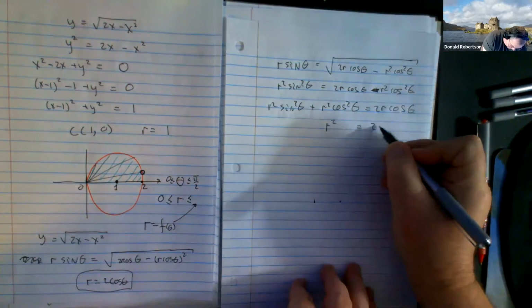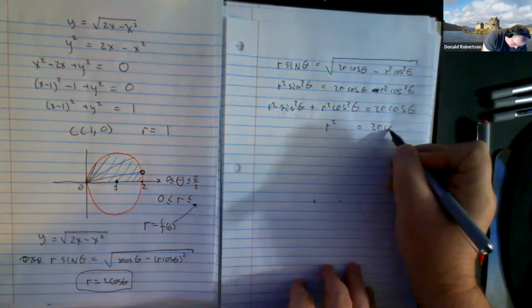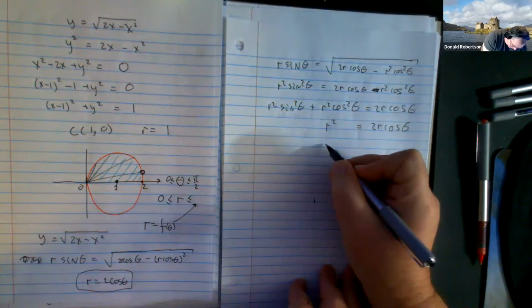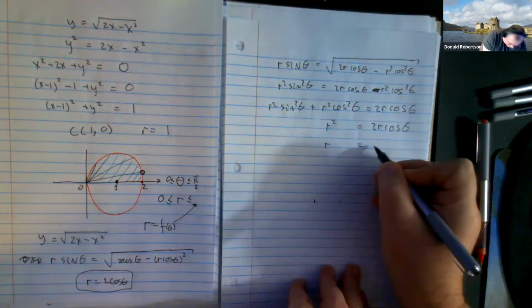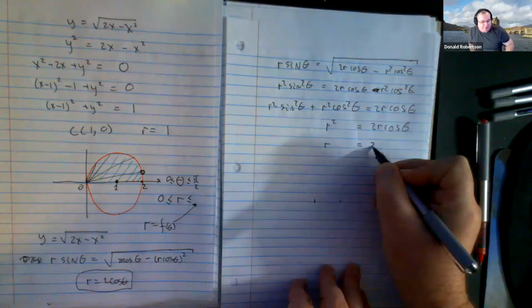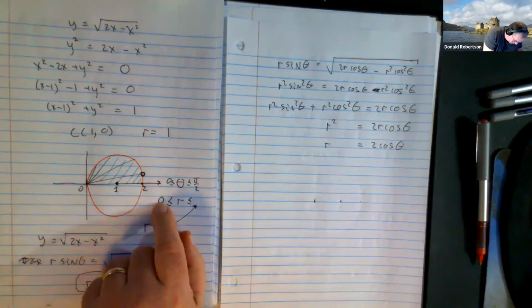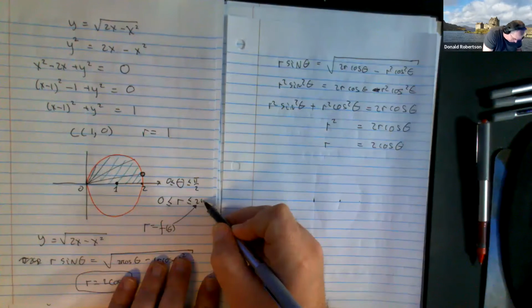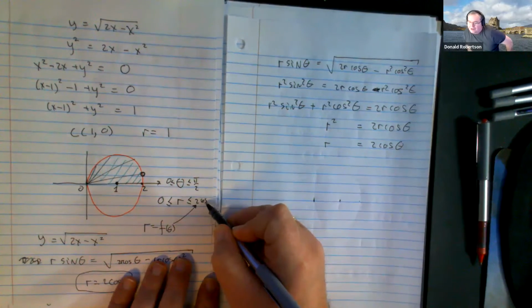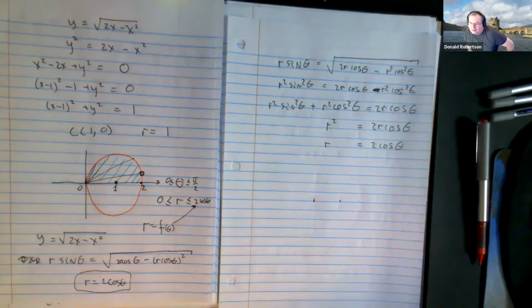So we're now looking at this. Technically speaking, couldn't I divide both sides by r? Bearing in mind that I'm not going to do it when r is 0, but since I've already included r equals 0, I can get away with that. Can you now see? Wow, is that not amazing? That such an ugly looking thing ends up being r equals 2 cosine theta.